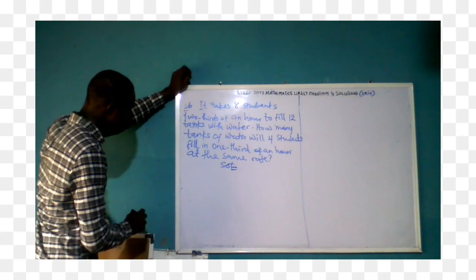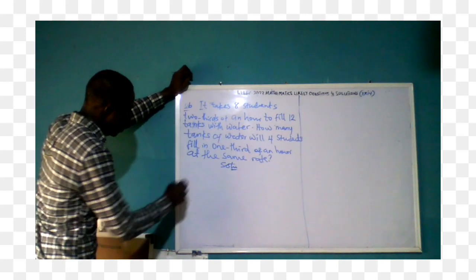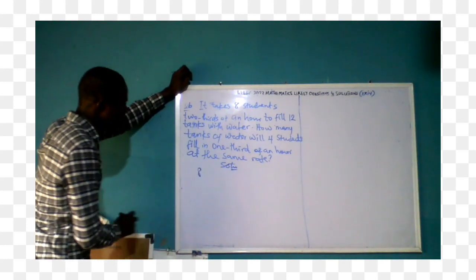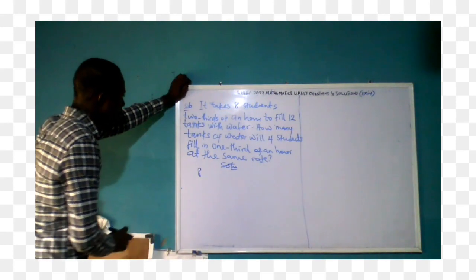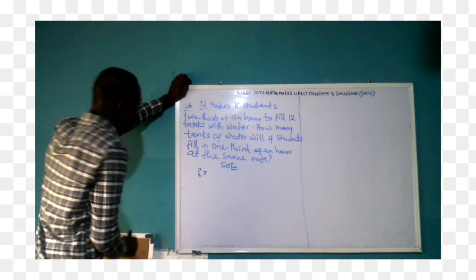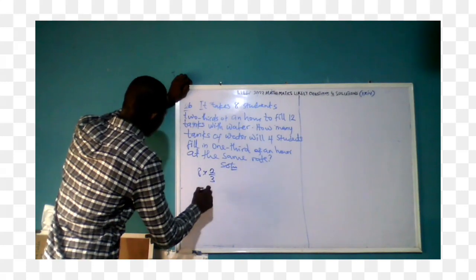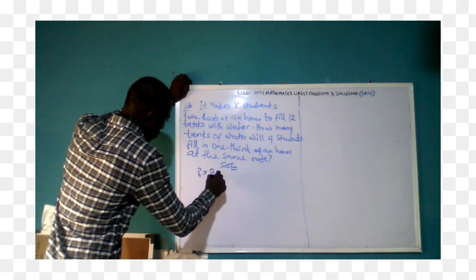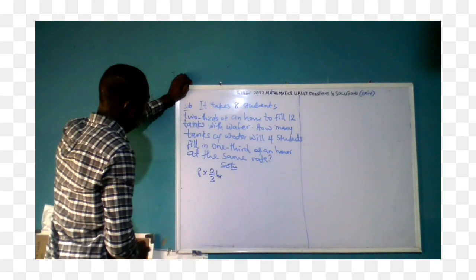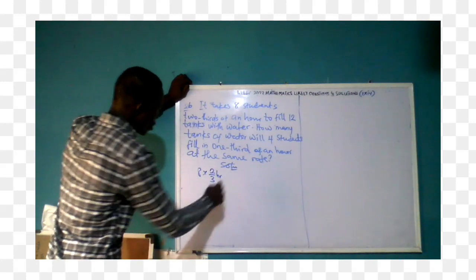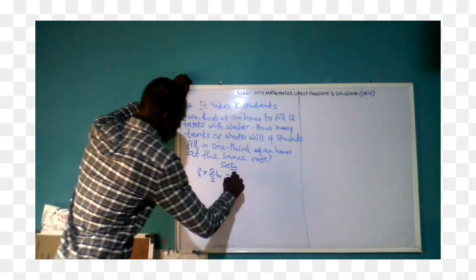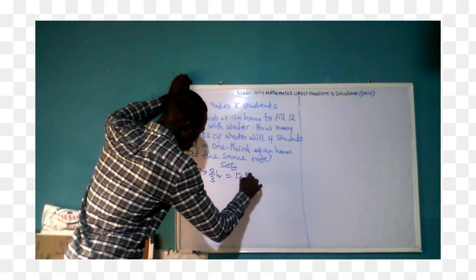By interpretation, 8 students multiplied by 2/3 of an hour gives us 12 tanks of water.